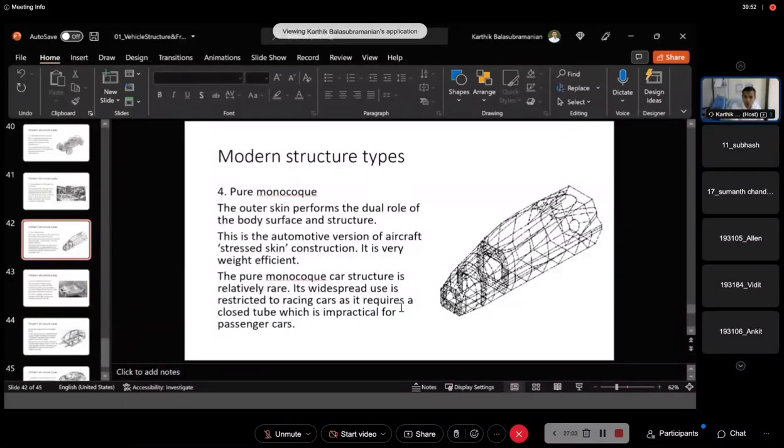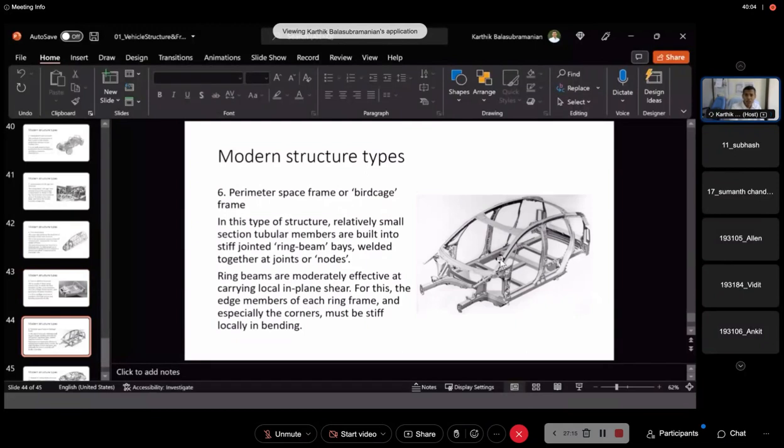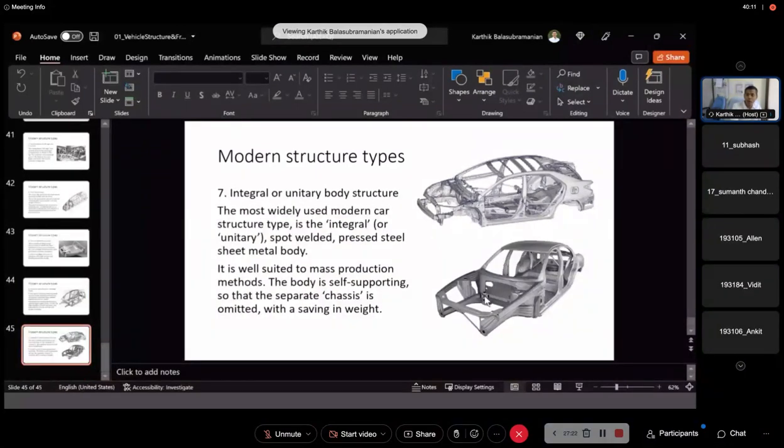So this is pure monocoque, you see. F1 cars use this, aircraft use this, the pure monocoque structure. There are several different structures. I'm not discussing all those things with you. But this is a semi-integral or bird cage frame, and this one is the fully integral or unibody structure, what we have now.